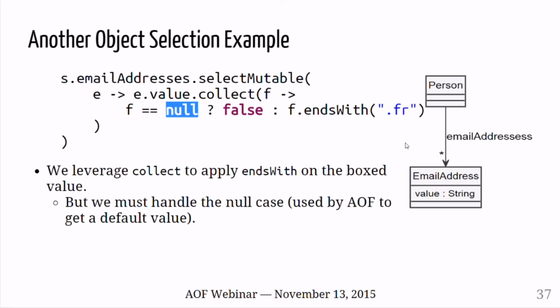Actually, yes, because in this way it can get the default result value, and thus it can get the properties, unique, ordered, and so on, of the result box. Or it can use it to correctly type the result box. So here you see that we use a collect inside the select mutable, and this is how we can apply the ends with operation to the box value.